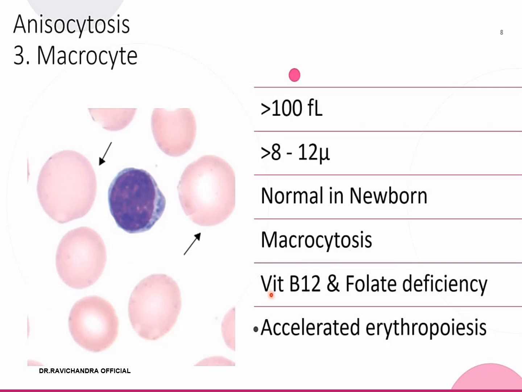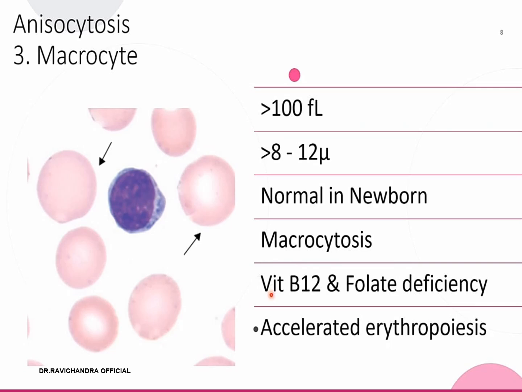Coming to macrocyte, the size will be more than 8 microns, and it is in between 8 to 12 microns. And the MCV will be more than 100 femtoliters. They are normal in newborns and the condition is called macrocytosis, seen in vitamin B12 deficiency, folic acid deficiency, in all nutritional anemias, hypothyroidism, and a few drug intakes.